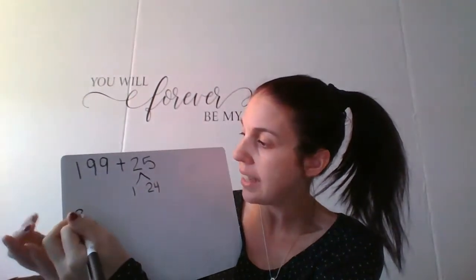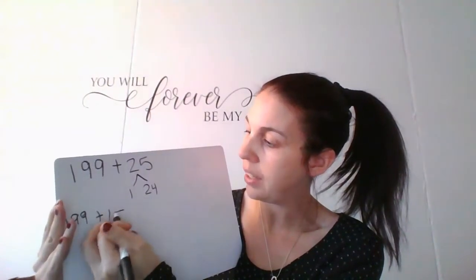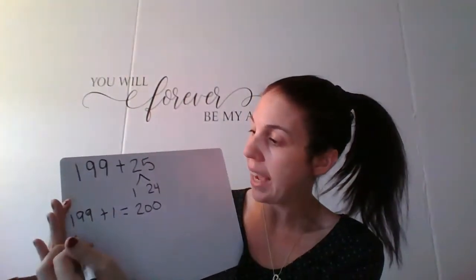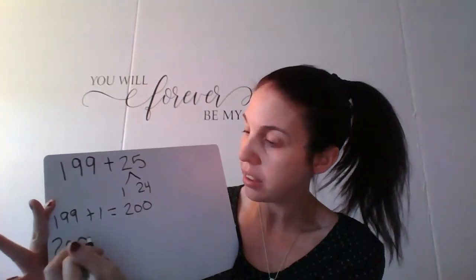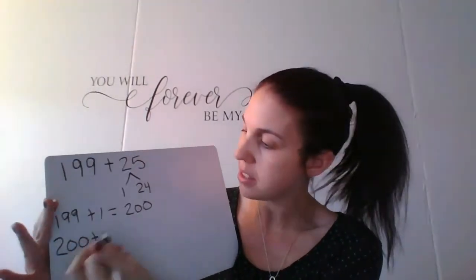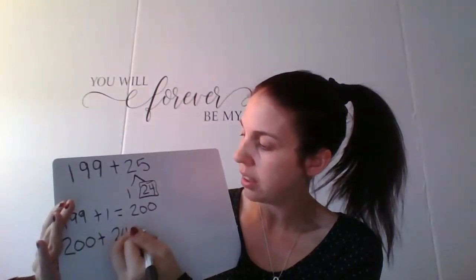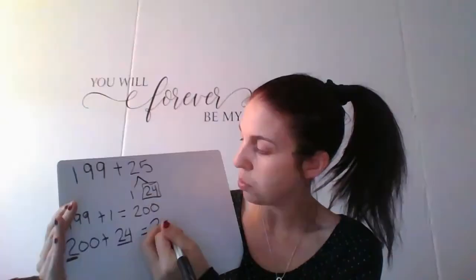So 199 plus 1 equals 200. Now I'm going to add 200 plus the number I didn't use yet, 24, equals 224.